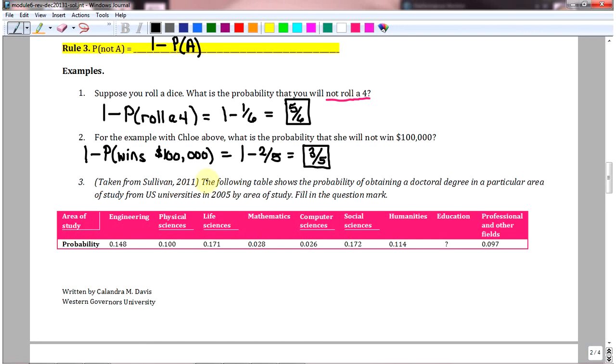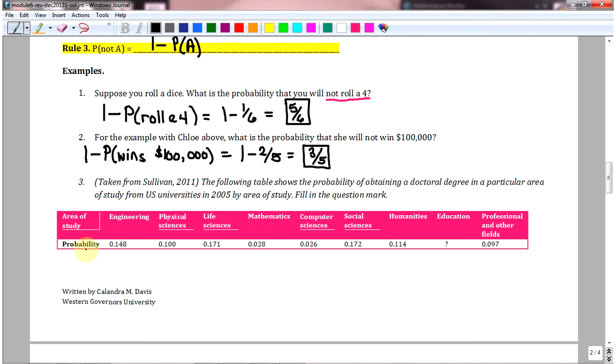Here's our third example. The following table shows the probability of obtaining a doctoral degree in a particular area of study from U.S. universities in 2005 by area of study. Fill in the question mark. We see the probability of obtaining a doctorate in engineering was 0.148, physical sciences 0.1, even smaller in math 0.028, and we're trying to figure out the probability of obtaining a doctorate in education.